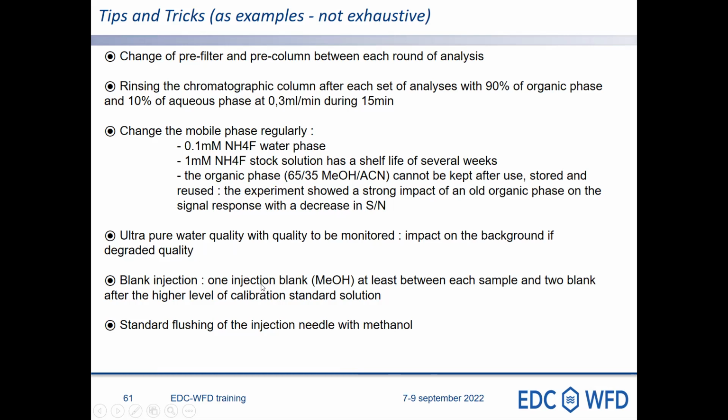You should also introduce blank injections at least between each sample, and some of us have been obliged to introduce 2 blank samples when we want to go down to the lowest concentration when working with complex matrices. Standard flushing of the injection needle with methanol is also important to limit the risk of cross-contamination within your sequence.